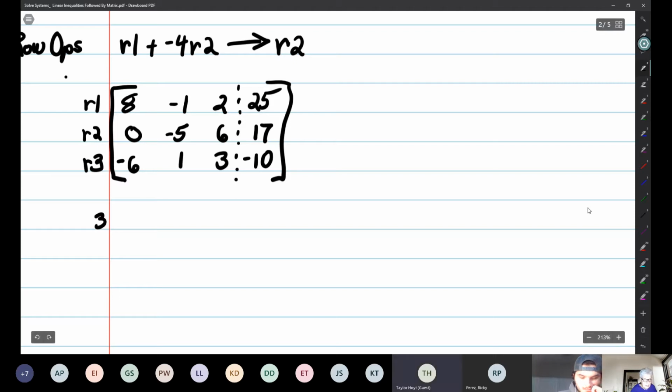So 3 times row 1, I didn't have to do it over there. Three times row 1 plus 4 times row 3 is going to give me the new row 3. Or just row 3. I just put row 3 up there, but it really was new.